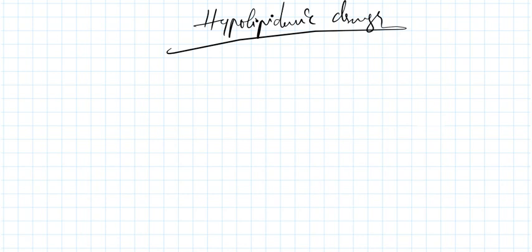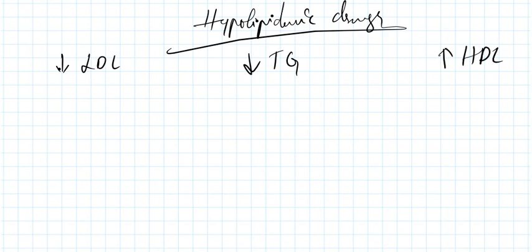They are classified into something which decreases LDL, low density lipoproteins, something which decreases triglycerides, and something which increases high density lipoproteins. High density lipoproteins are the good ones. LDL is bad for health, and triglycerides are also bad for health. So we are classifying these hypolipidemic drugs into 3 categories according to the mechanism of action.